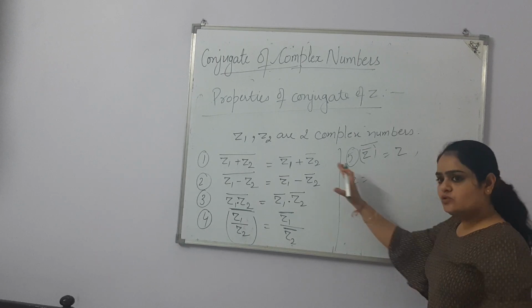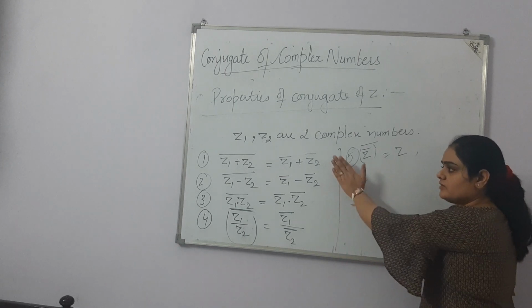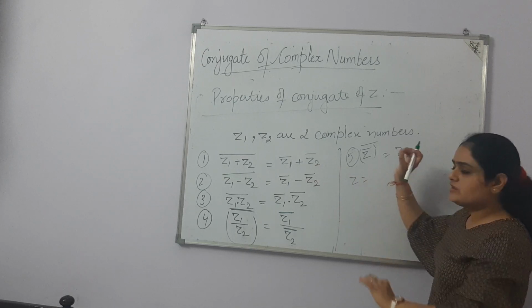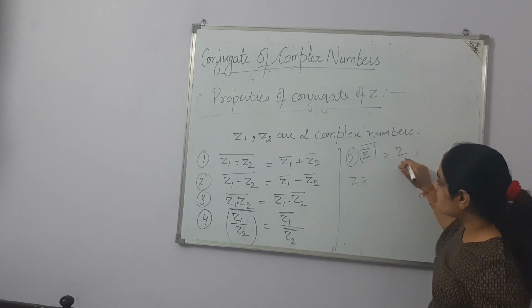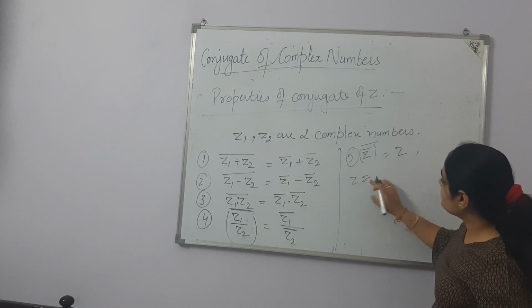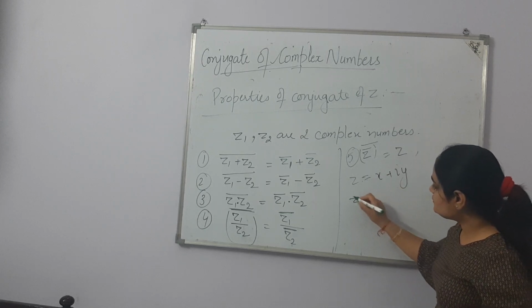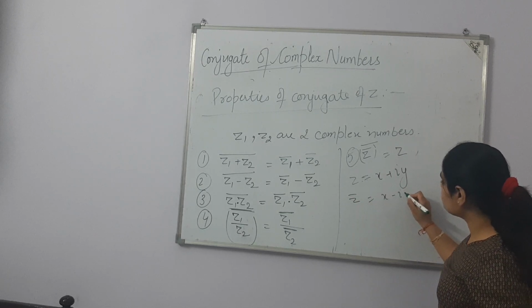How? Well, no need to prove these properties. You have to use these properties directly in the question, but I'm giving you a little hint regarding the solution. If we take z equals x plus iota y, then z conjugate is x minus iota y.